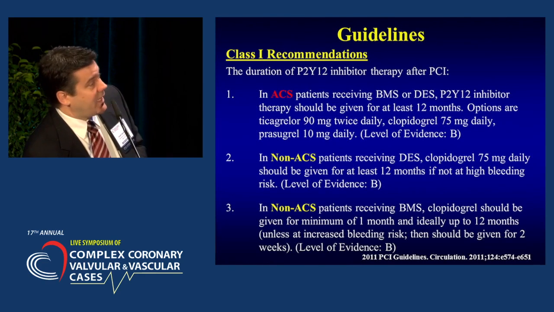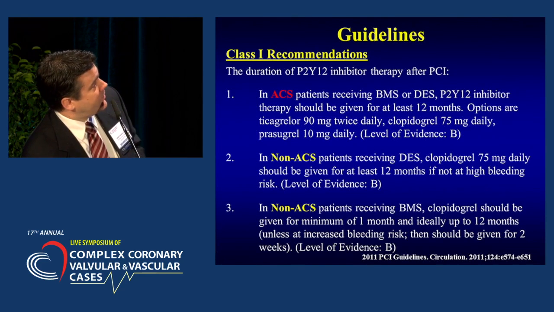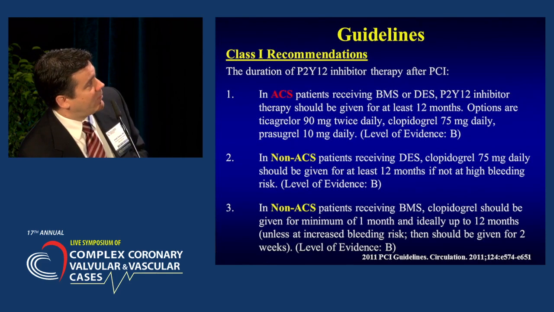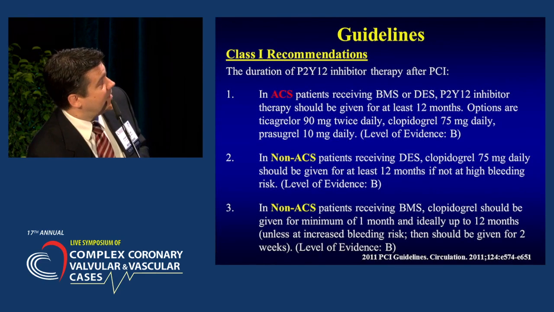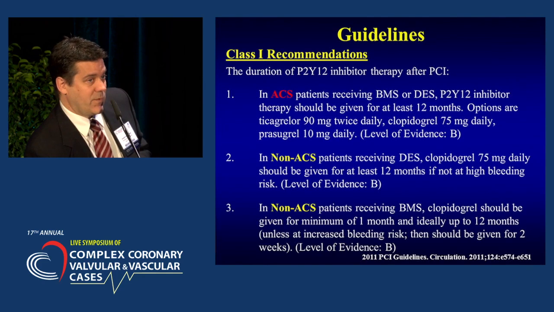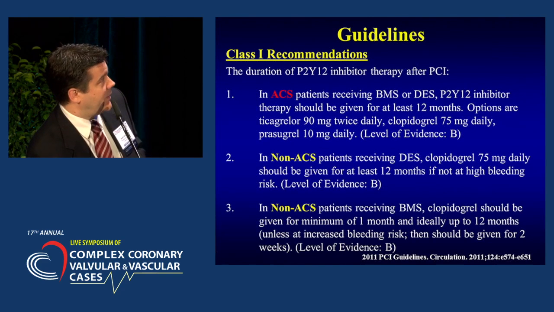So the guidelines say in patients with acute coronary syndrome, patients receiving bare metal or drug-eluting stent, the P2Y12 inhibitor therapy should be given for at least 12 months. Options are the medications we discussed. This is acute coronary syndromes, so non-ST elevation or ST elevation MI.